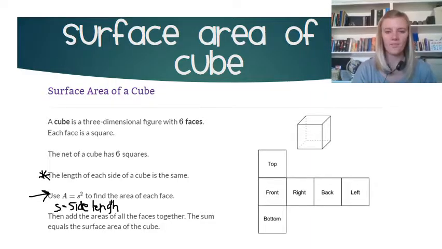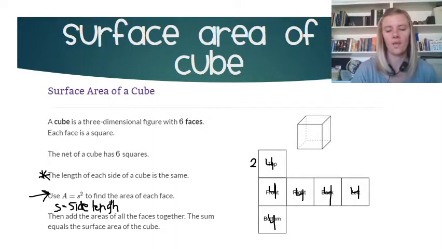So if I had a side length of 2, if I was only given one side length, I could still find the surface area of this cube because I know that all the sides are the same. So S squared, a side length squared, would be 2 squared. 2 times 2 is 4, so the area of every single one of my squares, every one of the faces of my cube, is going to be 4.